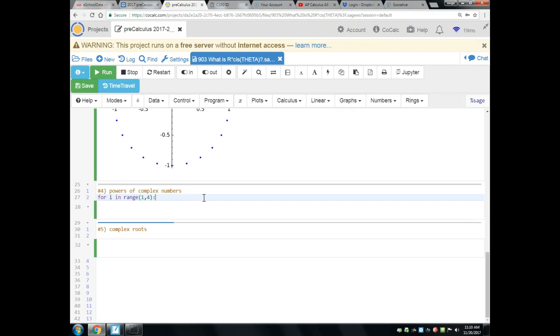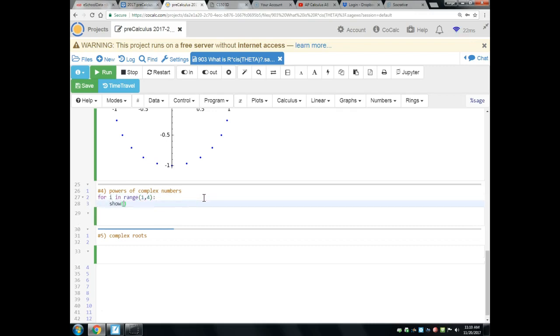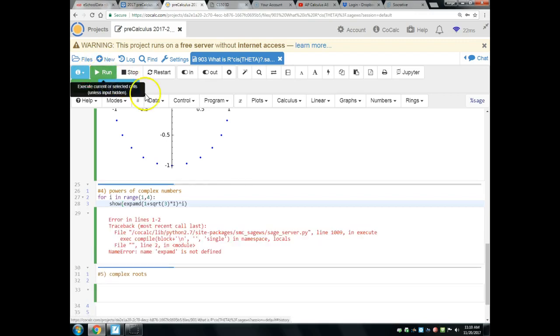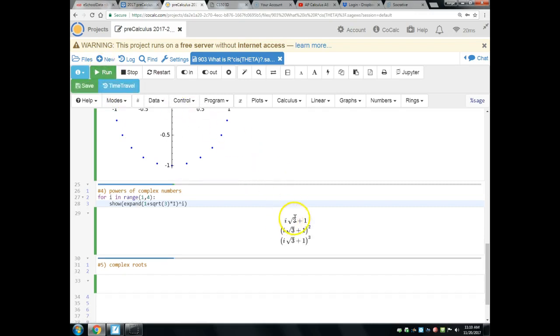What if I just show the expand of 1 plus the square root of 3 times i, to the little i? Look what happens. Oh, whoops, what happened there? Expand with an N, and you get powers of 1 plus square root of 3i.